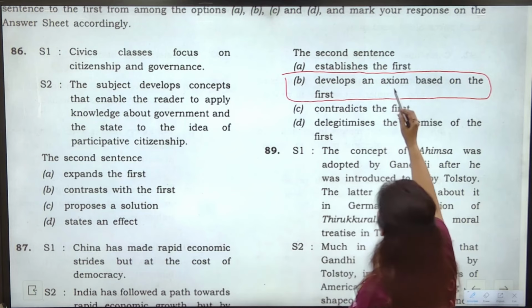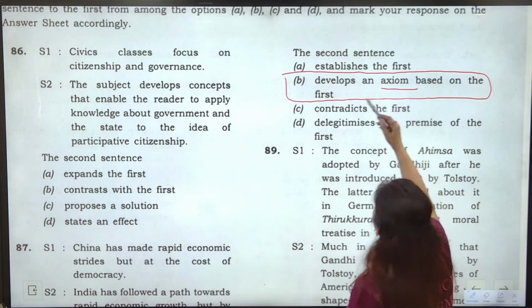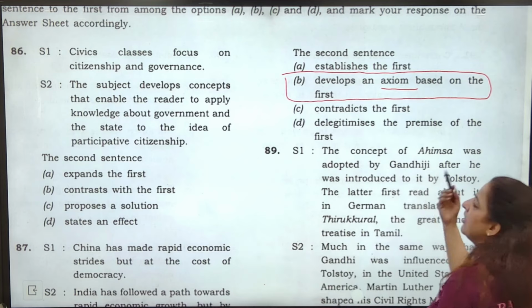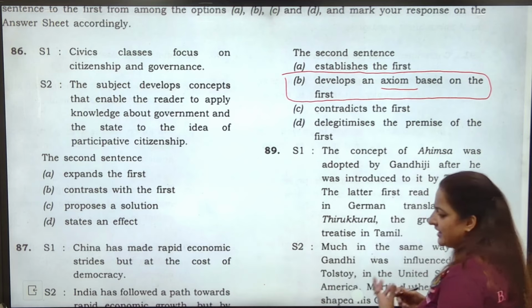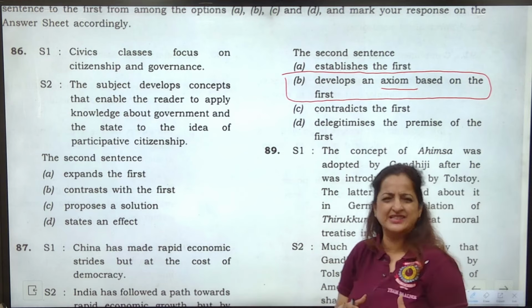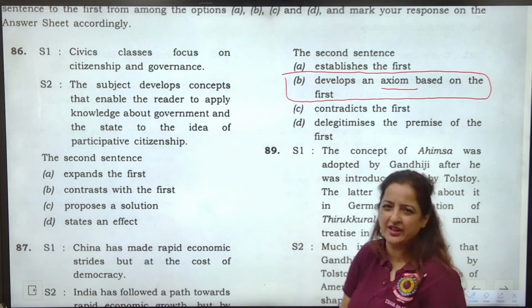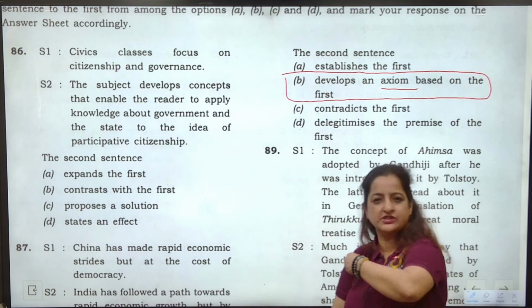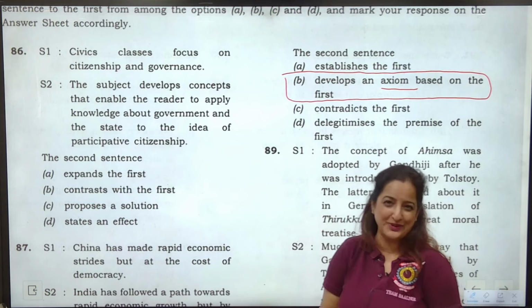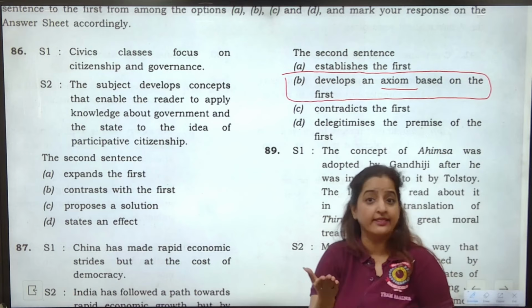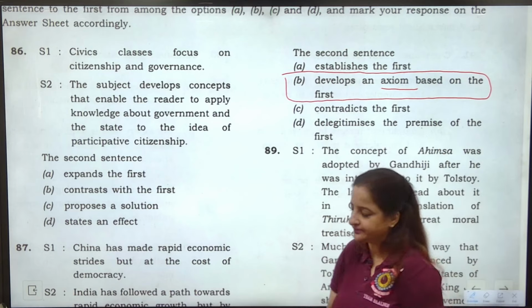So it is clearly developing an axiom based on the first, as we saw over there. It is not contradicting और ना ही delegitimize कर रहा है. Delegitimize is somewhere you say something is unlawful. तो ऐसा कुछ था ही नहीं वहां पे. Only trying to throw some words on you. Yes. Premise किसी बात का आधार होता है, the base of something.